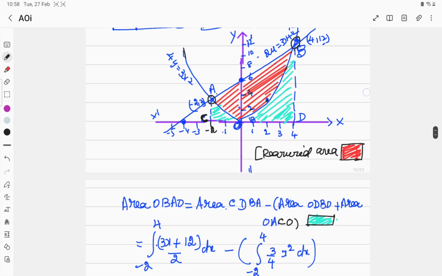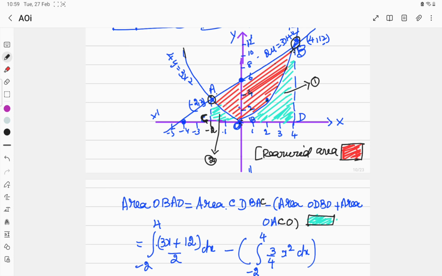AOBA. So area OBAO is equal to area CDBA, the total area CDBA, minus area ODBO, this part, plus area OCAO, this part.